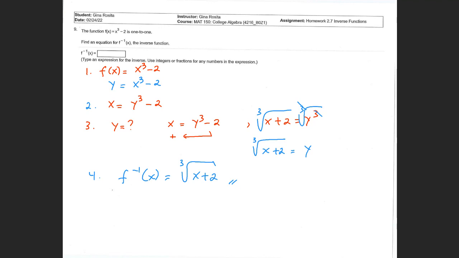Now go to number 10. This is the last one. The function f of x equals 11 over x, x not equal to 0, is one-to-one. Find an equation for f inverse of x, the inverse function.